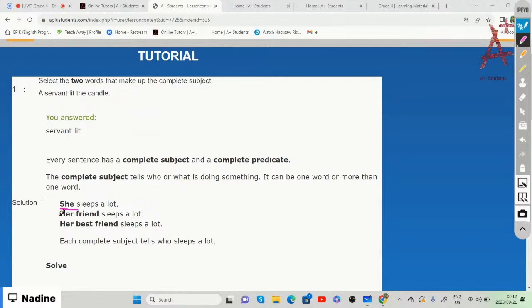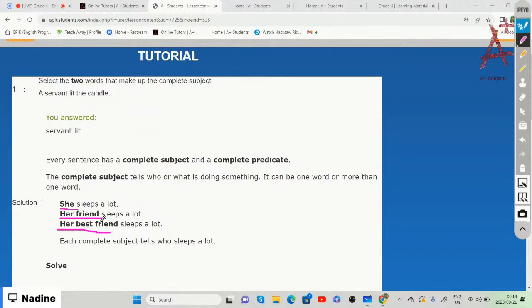Or her friend sleeps a lot. It's like asking who sleeps a lot. You can say her friend. Her best friend sleeps a lot. Who or what is doing something? It is her best friend that sleeps a lot.